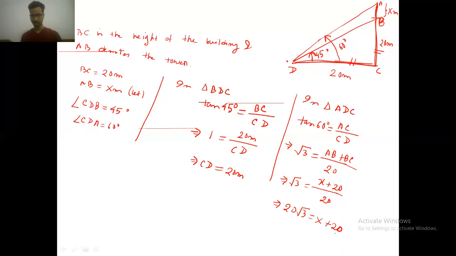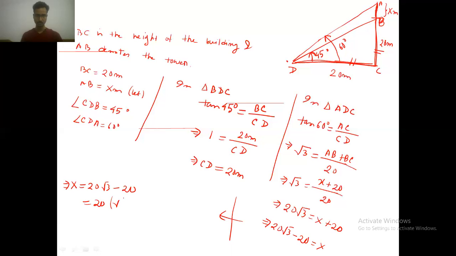Now if you take 20 to the left hand side, then it will be 20 root 3 minus 20 equal to x. Yes or no? Now if you take 20 common here, it will be root 3 minus 1.